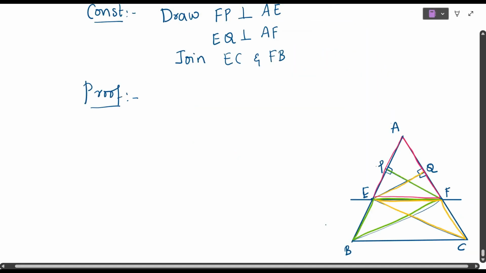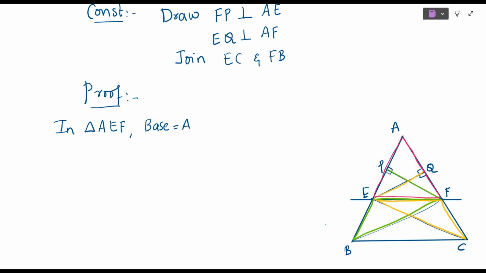Now let us take the triangles. Proof: in triangle AEF, I am going to take base as AE, and height, altitude is nothing but height, is equal to FP. So what is the area? Area of triangle AEF is half into base into height, right?